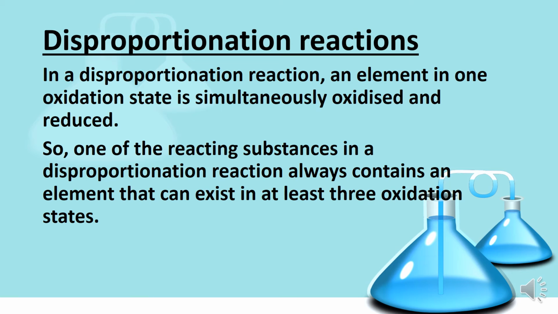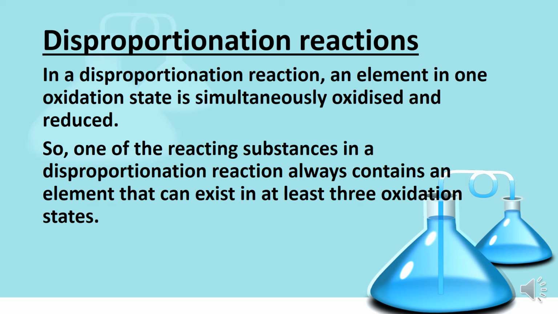Another very important class of redox reactions is the disproportionation reactions. In a disproportionation reaction, an element in one oxidation state is simultaneously oxidized and reduced. Disproportionation reactions are a special type of redox reactions.